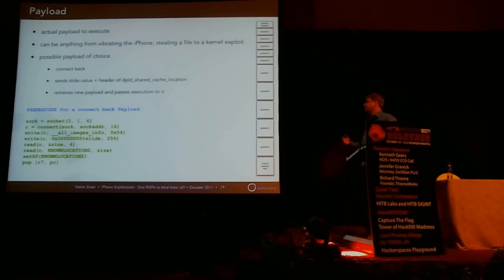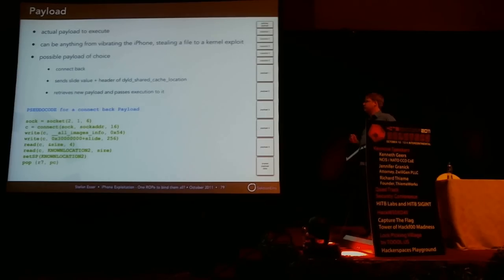That will post information about the current environment to the remote server, and then the remote server knows exactly what version you are on, and then it can give you back a payload that is only designed for your specific cache.